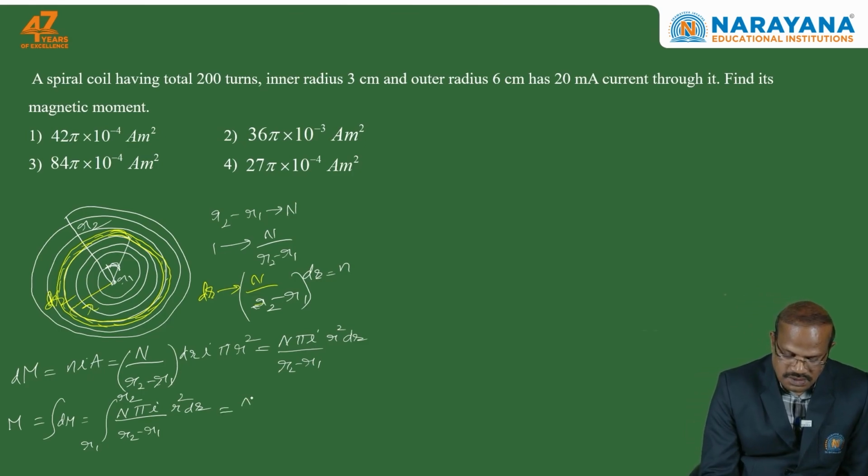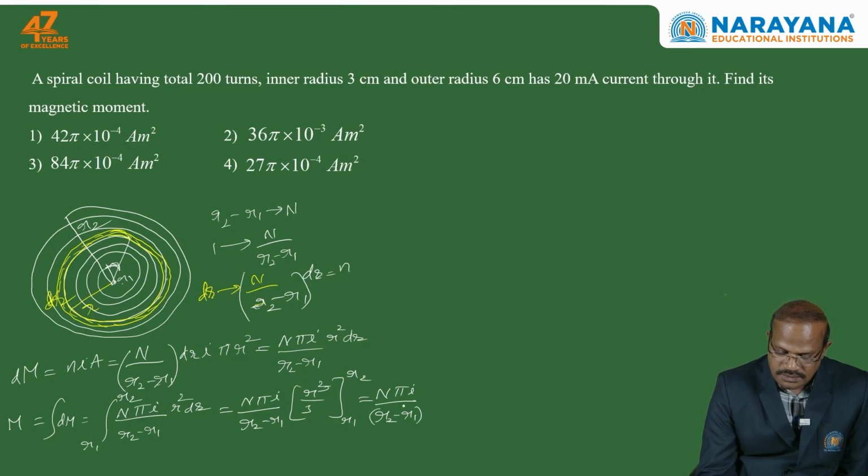So this is N pi I by R2 minus R1 into r cube by 3, limits R1 to R2. So this becomes N pi I by R2 minus R1 into (R2 cube minus R1 cube) by 3.